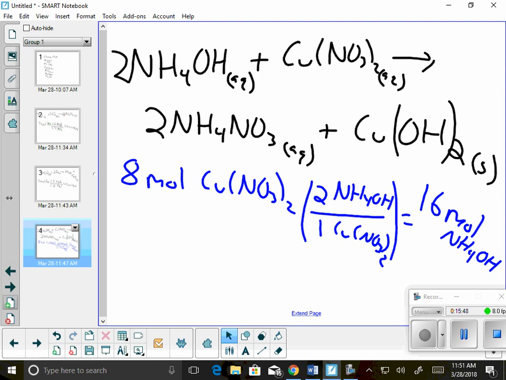What if I were, instead of asking to solve for the NH4OH, what if I asked you how much precipitate was made? The copper 2 hydroxide. If I started with 8 moles of copper nitrate, how many moles of copper 2 hydroxide would be made?